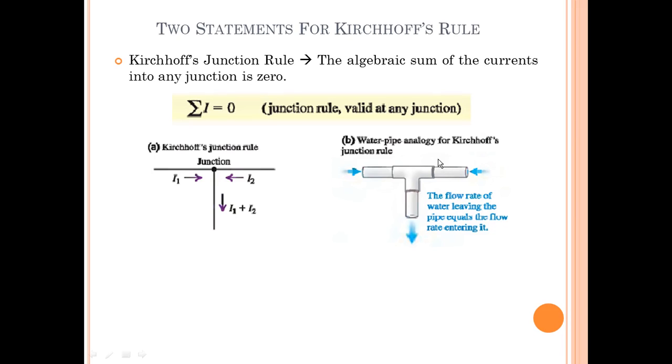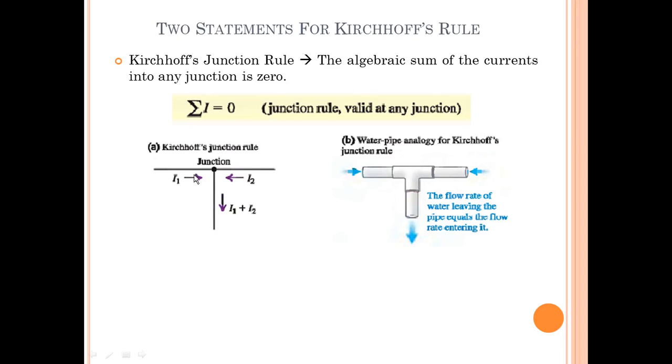So if you have the water entering from both sides of the water pipe, obviously the water that meets at this junction has nowhere to go other than the lower water pipe that is connected at that junction.